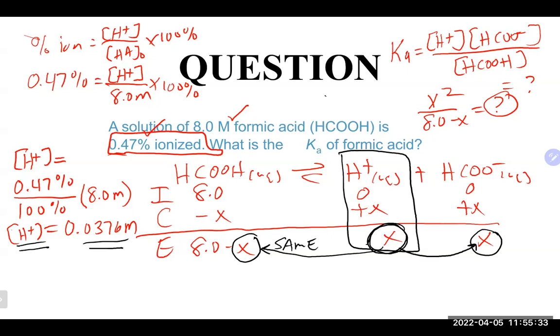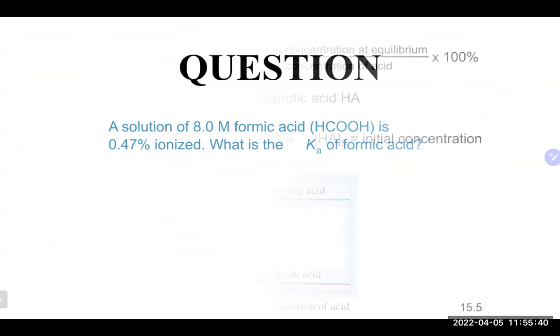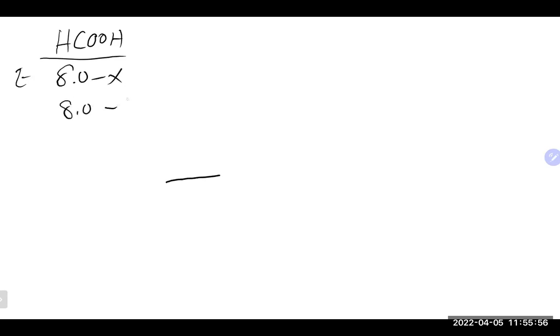We can now put that 0.0376 into our equilibrium line and get values for everybody. So for our formic acid, we have at equilibrium 8 minus X, which means we have 8 minus 0.0376. For the H plus, that was X, which means it's 0.0376.